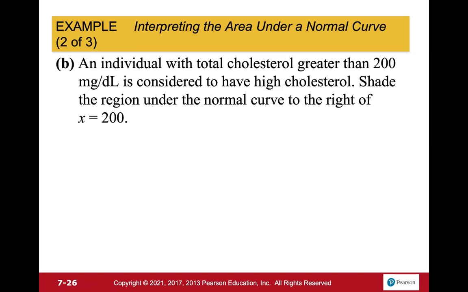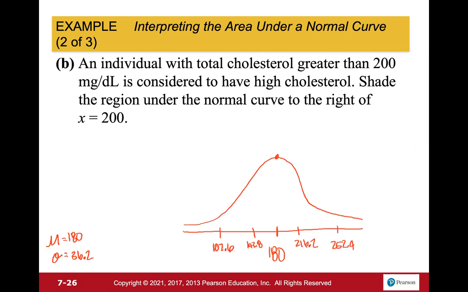And now that we have that, an individual with a total cholesterol greater than 200 milligrams per deciliter is considered to have high cholesterol. Shade the region under the normal curve to the right of 200 milligrams per deciliter. All right, looking at this here, notice that 1 standard deviation is over here.